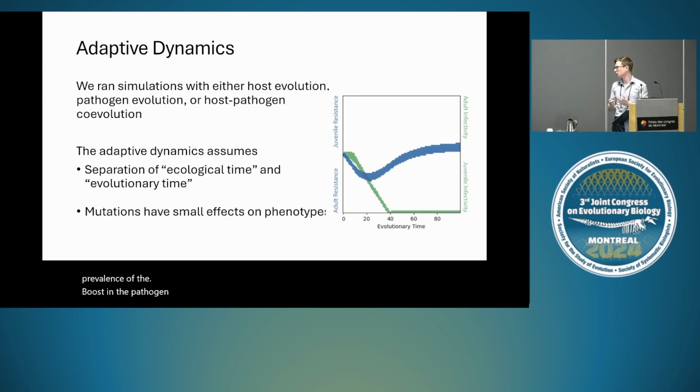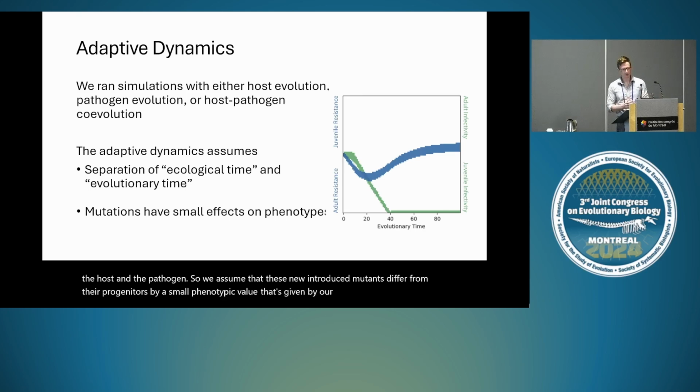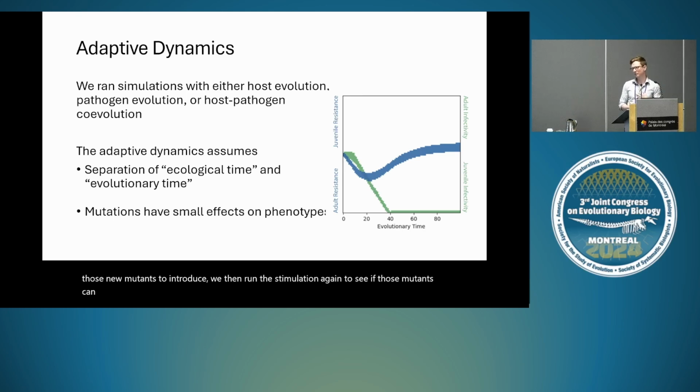Once they reach this equilibrium, we introduce mutations for both the host and the pathogen. We assume that these newly introduced mutants differ from their progenitors by a small phenotypic value given by our trade-off curves. With those new mutants introduced, we then run the simulation again to see if those mutants can successfully invade, or maybe the resident strategy wins out.